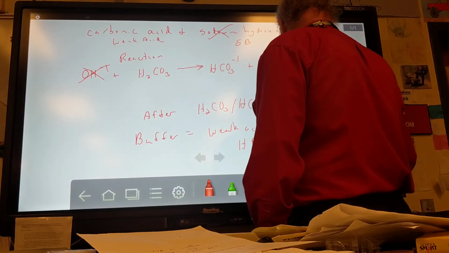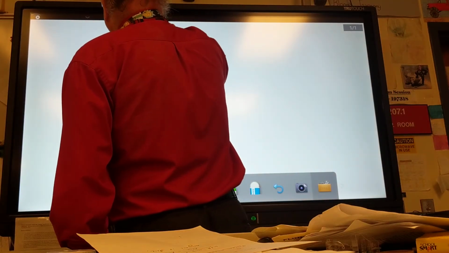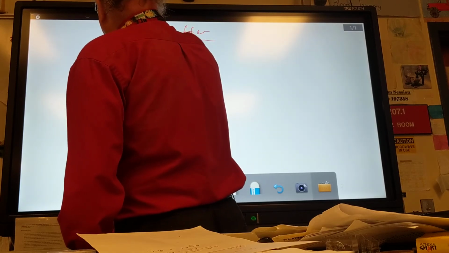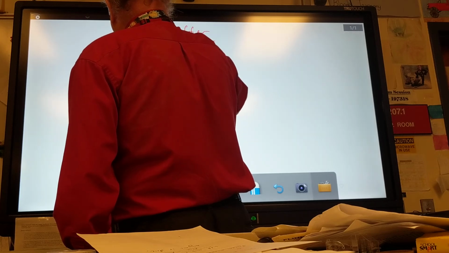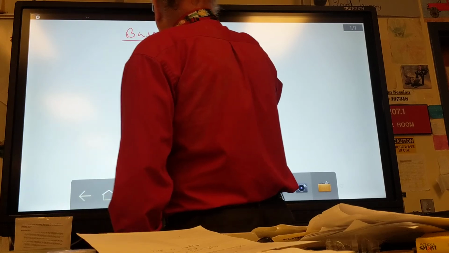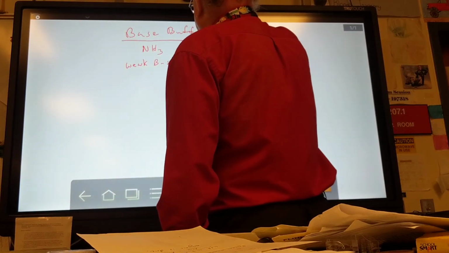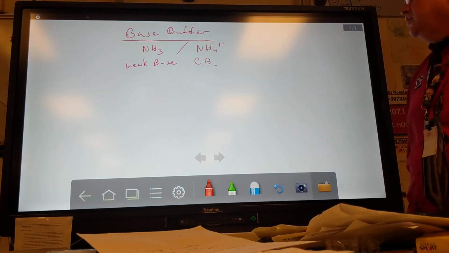And if you had a base buffer, most common weak base would be ammonia, and its conjugate acid, ammonium, and that would just be recognizing buffers.